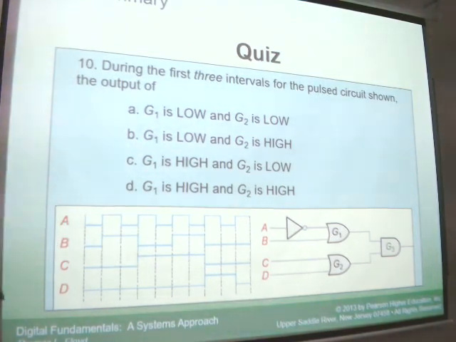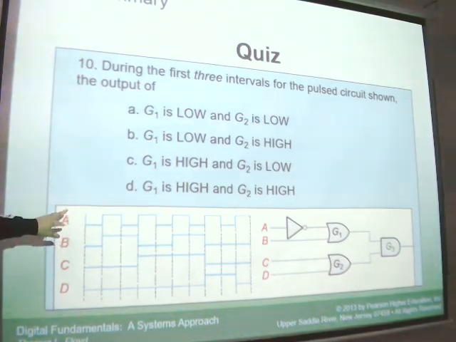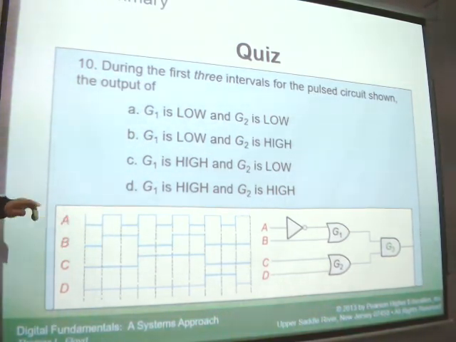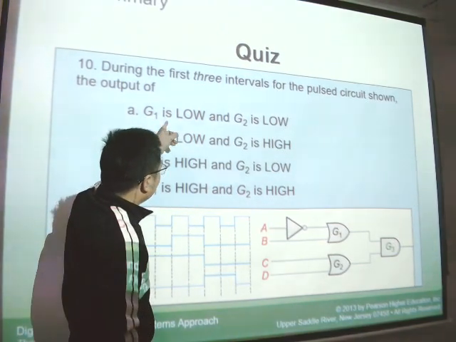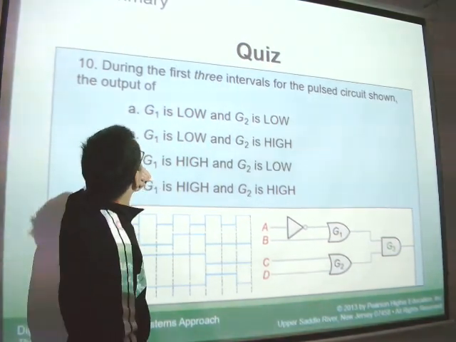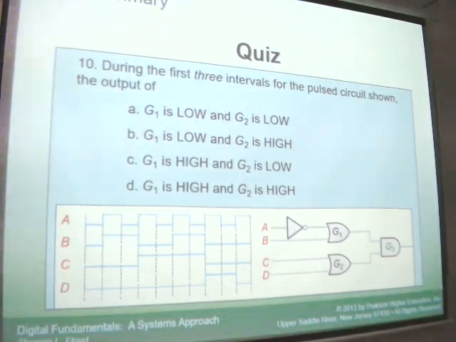So the output: A bar, A low, B has to be high. So the answer is about G1 and G2. The output of G1 is low and G2 is low.